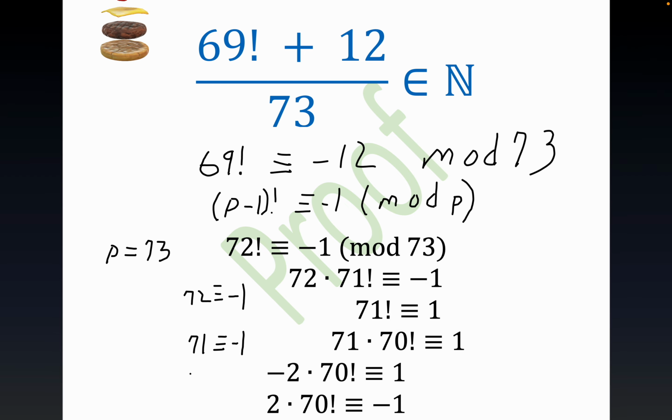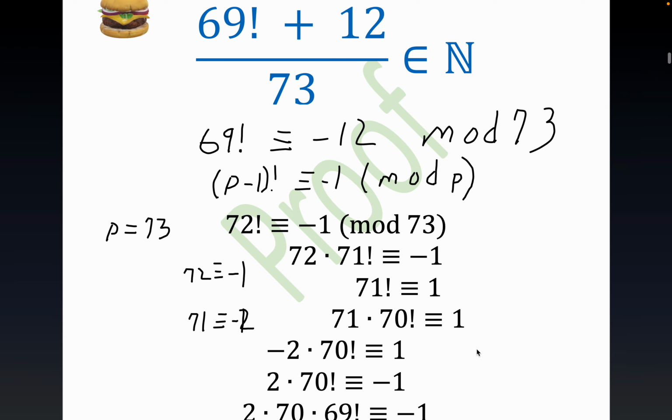It means almost the same thing as equality in some sense. So we replace 71 with negative 2 right here, since 71 minus negative 2 is 73, and this is pretty easy in terms of just what you would expect.